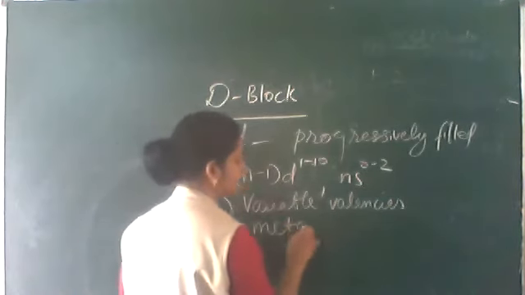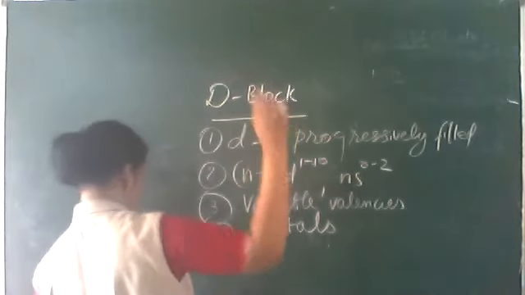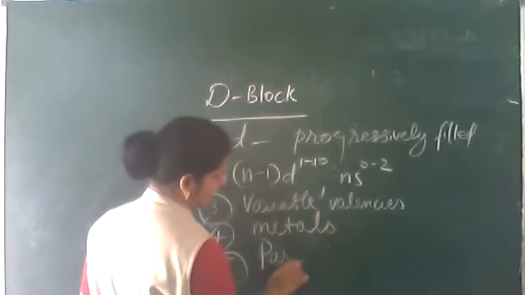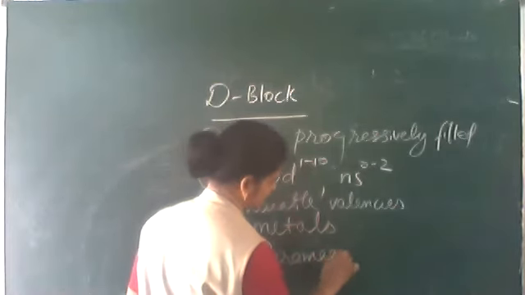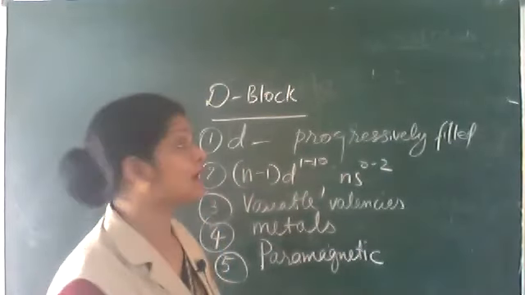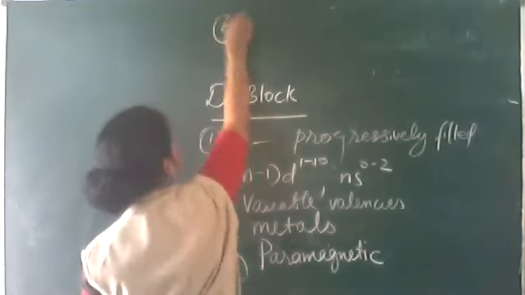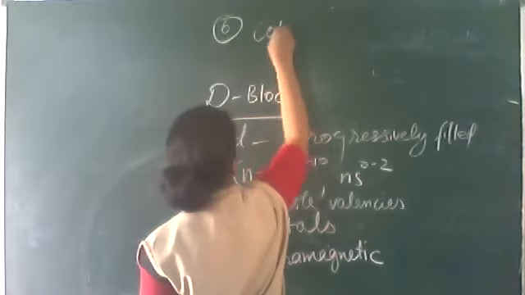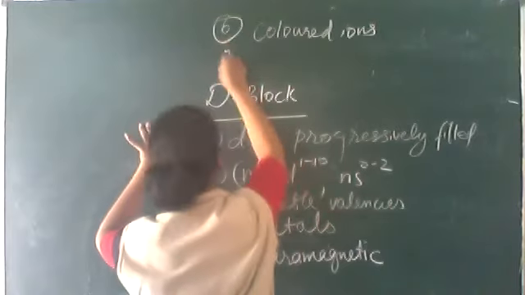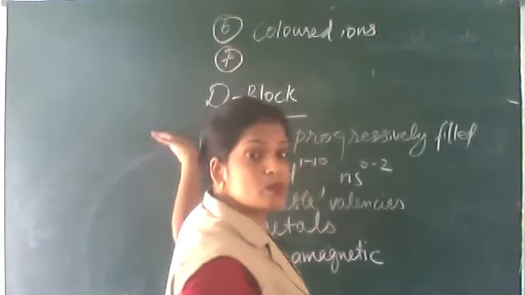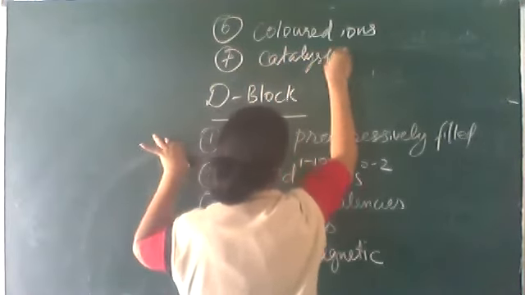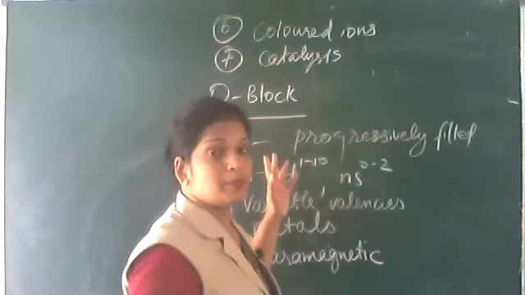They are metals. They are paramagnetic in nature. Number 6, they form colored ions. They can be used as catalysts. So these are the properties of D block elements.